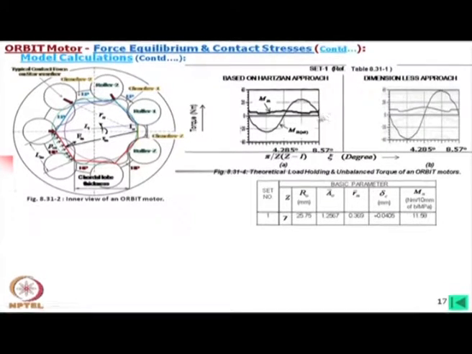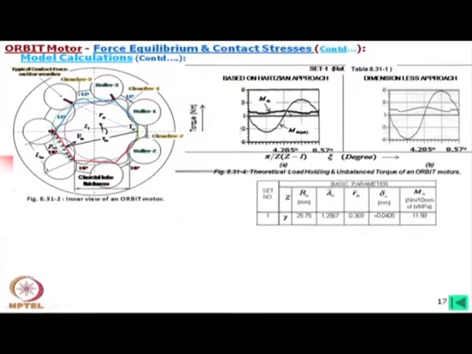In that result, what we find, we have calculated both ways considering this geometry. In that case, this is the load holding torque. You can see this is in Newton meter, a very small amount of torque, but there is as well unbalanced torque.